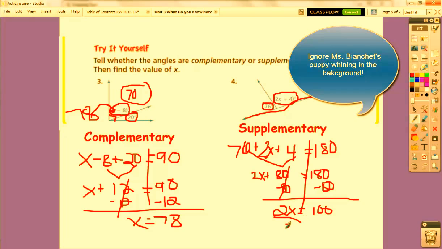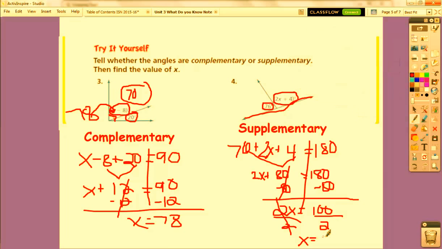Divide by 2. And x equals 50. If you were to plug that into your equation, 2 times 50 is 100, plus 4 is 104. If I add 104 and 76, it does equal 180.